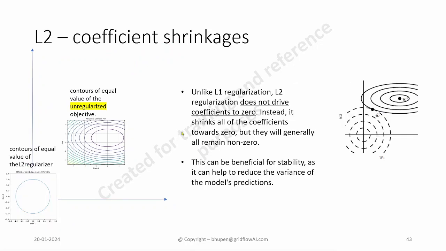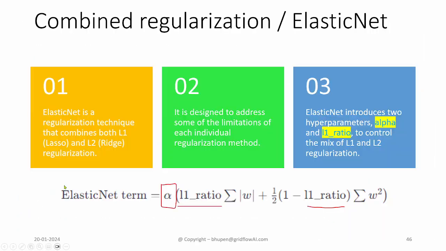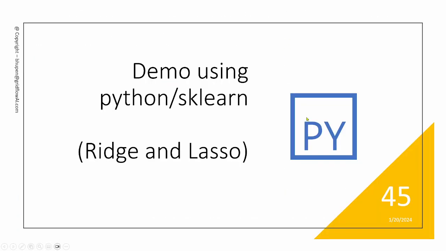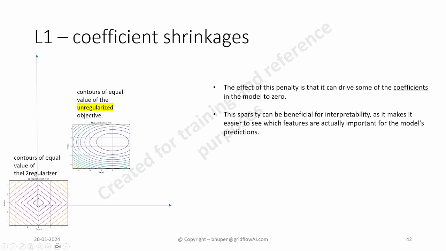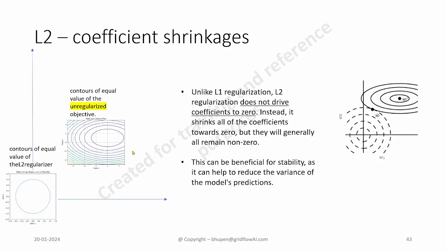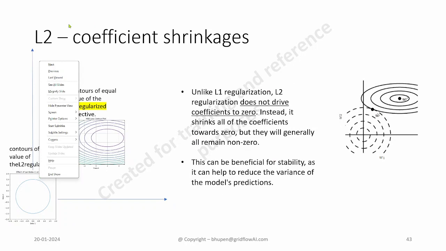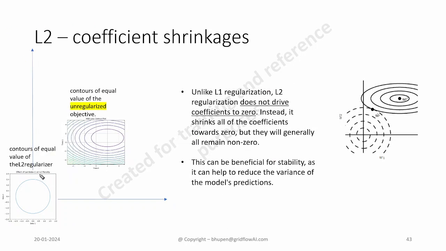In contrast, now L2 regularization, if you look at it here, so this is my L2 regularization. Here also the same thing: you have the penalty term added, and the point of contact would be at any of these points here. But if you look at it geometrically, the point of contact can never be at the axis itself.